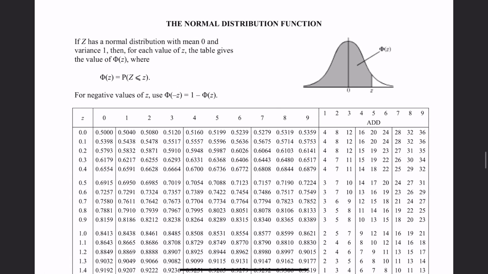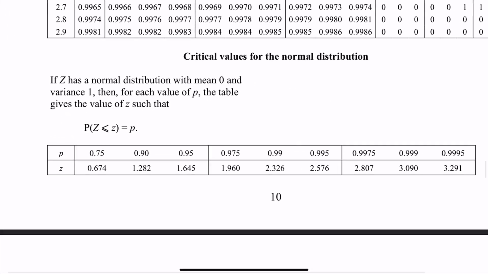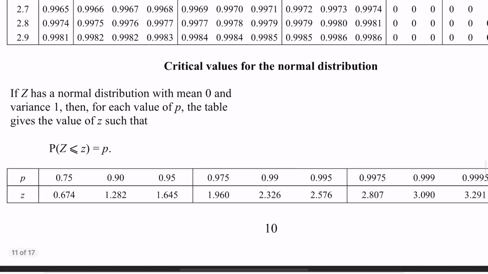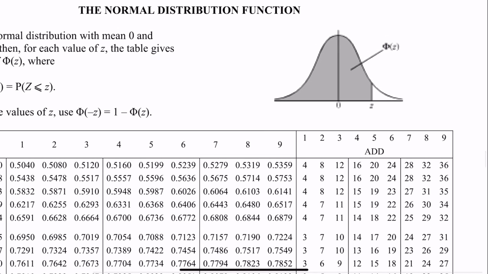So for a 95% confidence interval, we will need to look at P equals 0.975, because for confidence interval, this thing would be 95%.